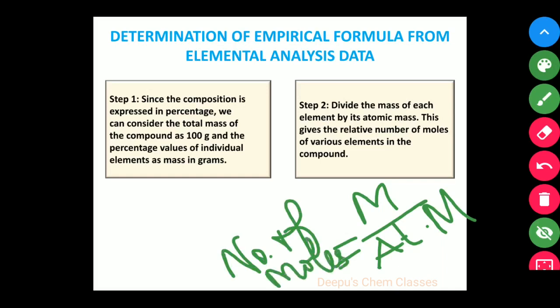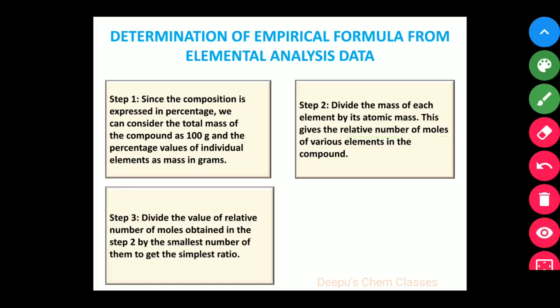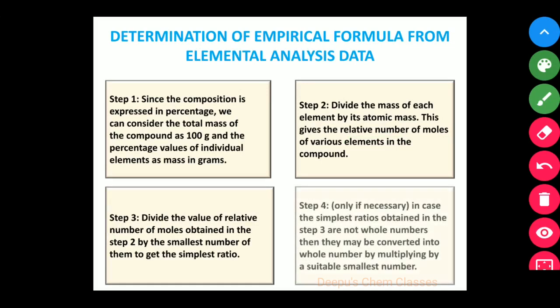So by dividing mass by atomic mass, we get the relative number of moles of the compound. In the second step we are getting relative number of moles. Then in the third step we have to find out the smallest among them and divide each relative number of moles by the smallest number. Then the fourth step, if it is necessary we have to apply it, otherwise it is not needed.